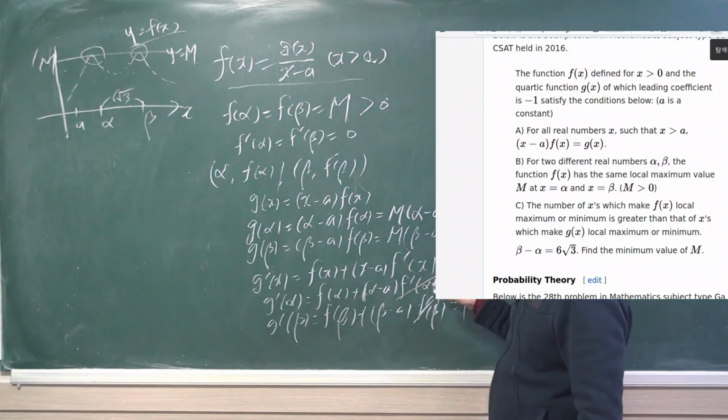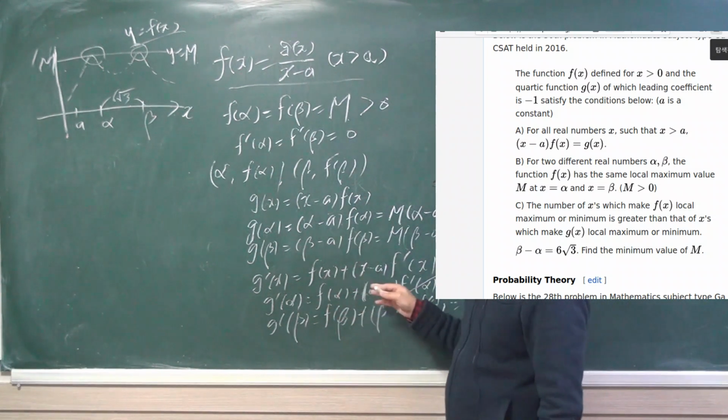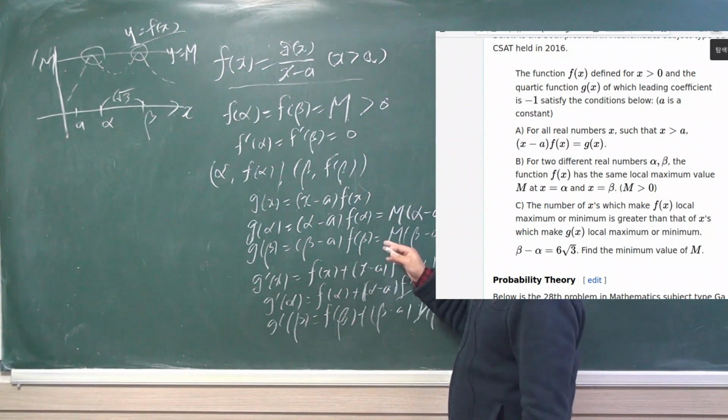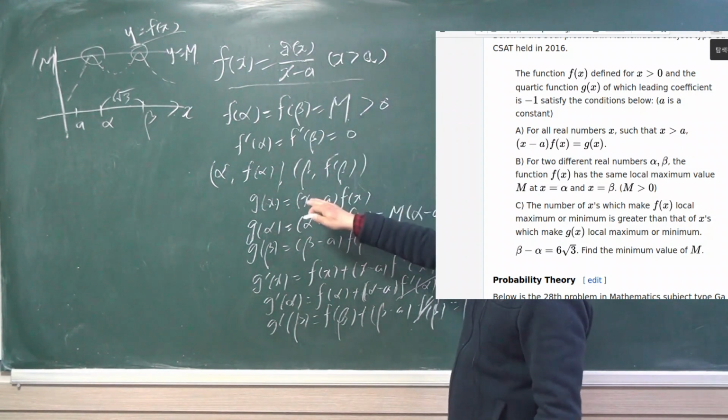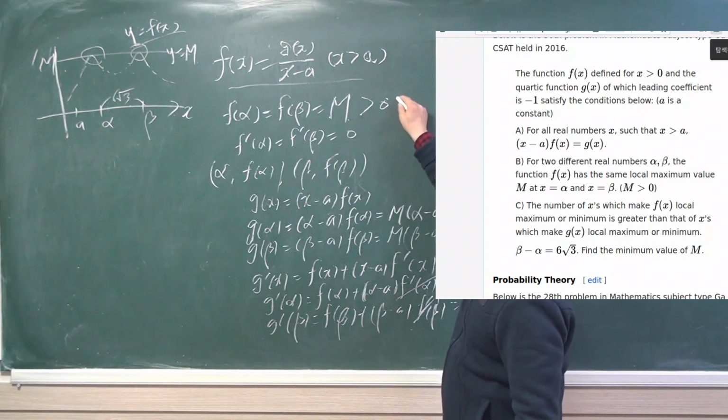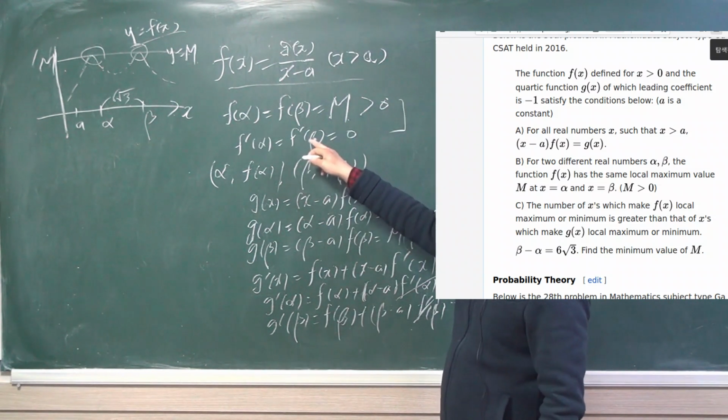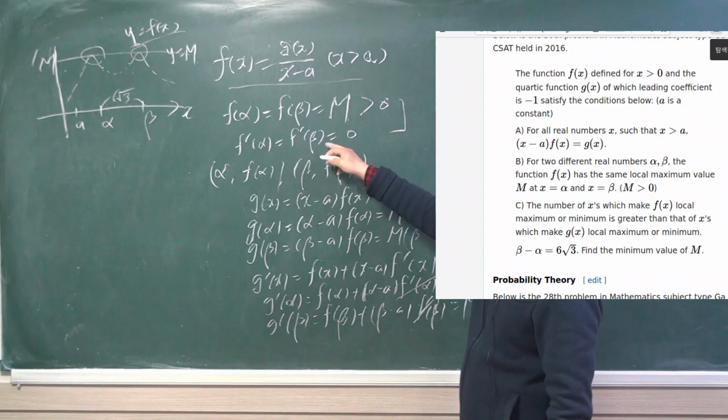These relations are what we have found by using these values for f and f'(x).